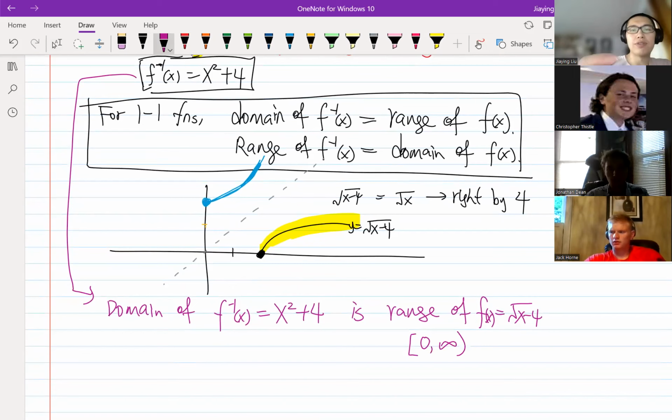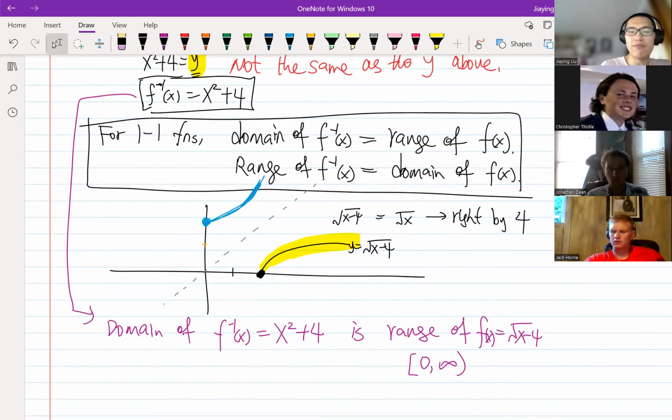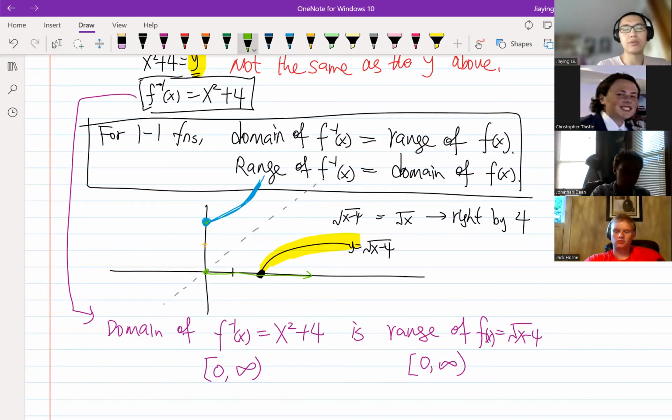So the domain of the function that we draw for the inverse should be from 0 to infinity. Because if we look at the domain, the x value going from 0 to infinity, that's what the domain for the inverse function is, which is the same as the range for the original function, going from 0 to infinity.